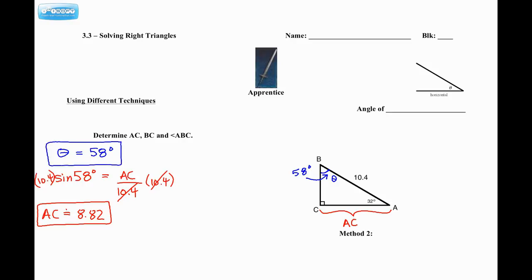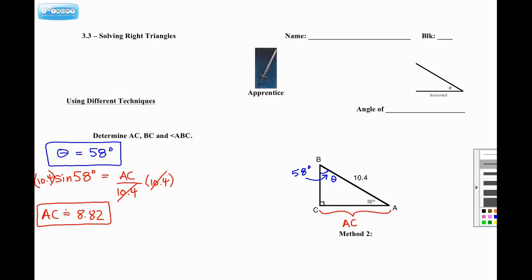Okay. So the only thing we have to figure out now is BC. We already know what it's going to be, but let's do it a different way. I'm just going to change color here. Let's use this one. So we need to figure out the length of BC. All right. If I use this as my angle here, BC would be the adjacent, and 10.4 would be the hypotenuse, so I could use cosine. But don't forget, I already know what AC is, because I just figured it out.